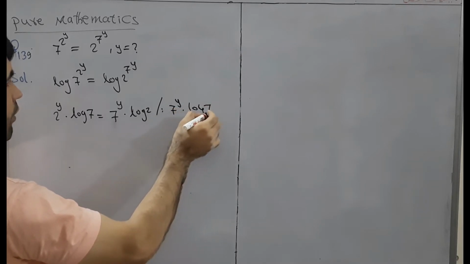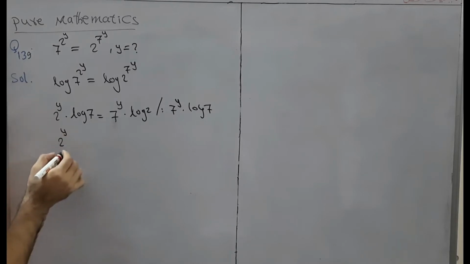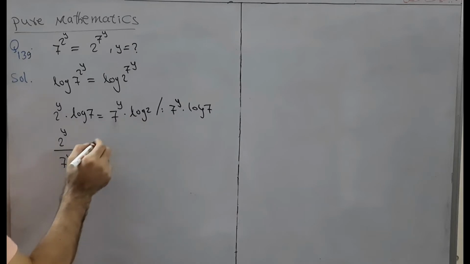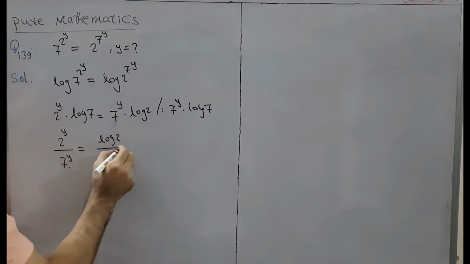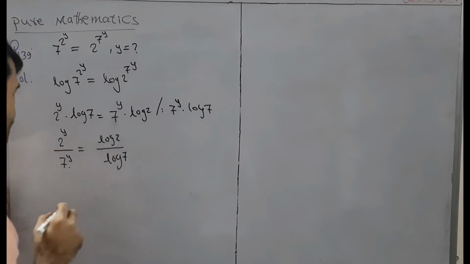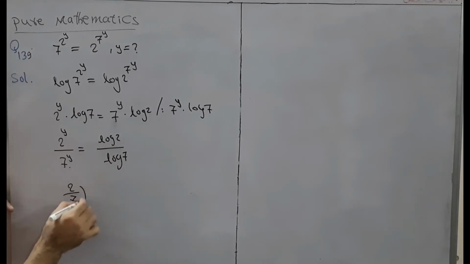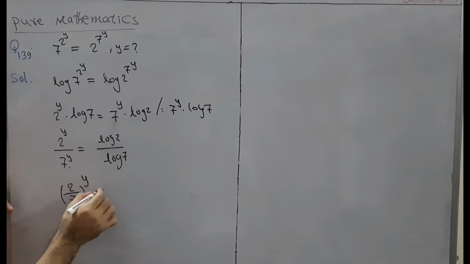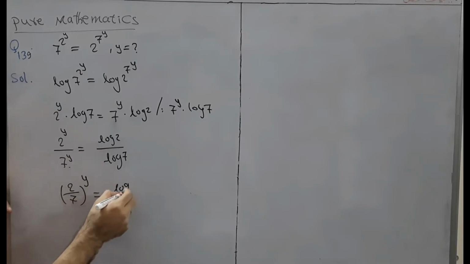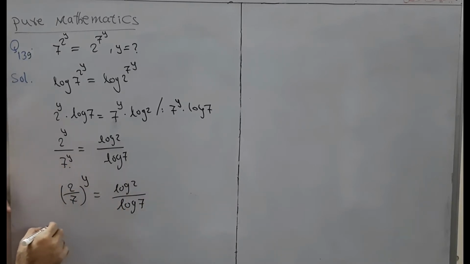Divide both sides by 7 to the power y into log 7, we get 2 to the power y over 7 to the power y is equal to log 2 over log 7. Here we can write (2 over 7) whole to the power y is equal to log 2 over log 7. Again we take log from both sides.